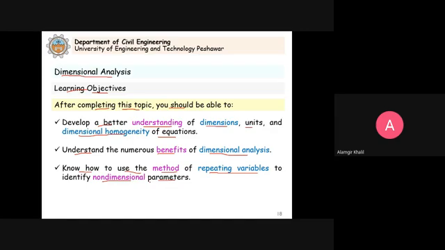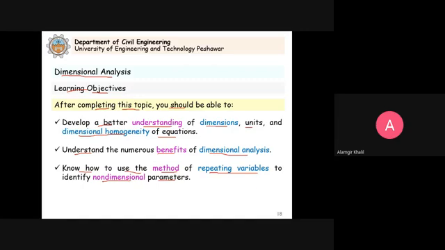So how you will identify this? This is what we are going to learn. And then what will be the advantage of this? Because you see this non-dimensional parameter that we can identify, we are actually using them in similitude, and they help us to transfer the results between the model and the prototype.